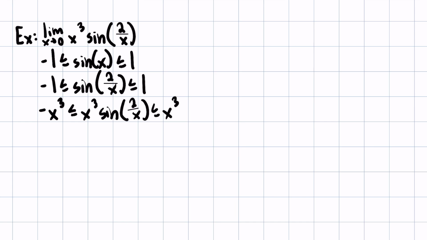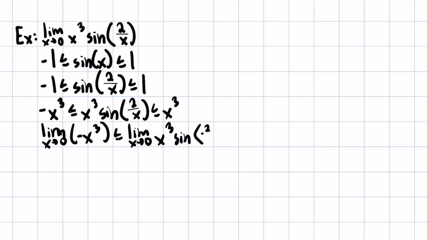All right, and now we take the limit as x approaches 0. All right, so plugging in 0 here, -0 cubed, we get 0. 0 cubed, we get 0. And so this, because it's sandwiched between the two, has to be equal to 0.